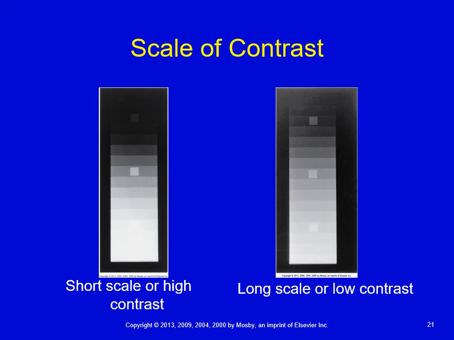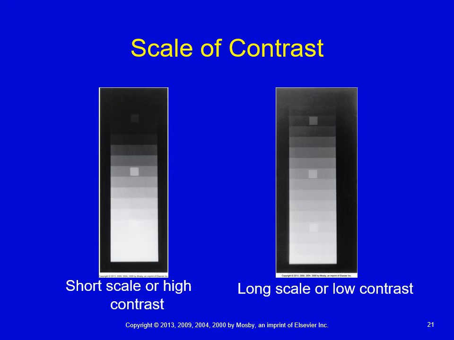So I want you to imagine, or replace the image on the left where it says short scale, with just a bone image, any bone image you can think about, knee, hand, foot, etc. And for the image on the right, visualize an abdomen, no contrast. A patient came in for an abdomen and you didn't give them any contrast, so just a basic abdomen. Those are the images I want you to think about as we're going over this.